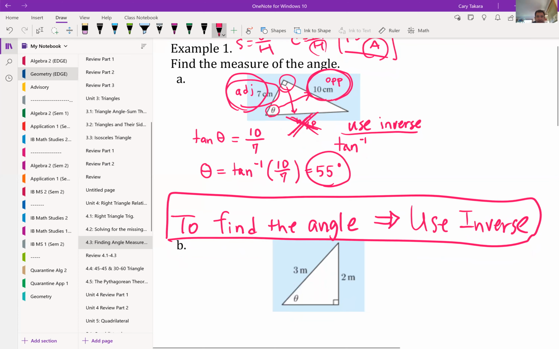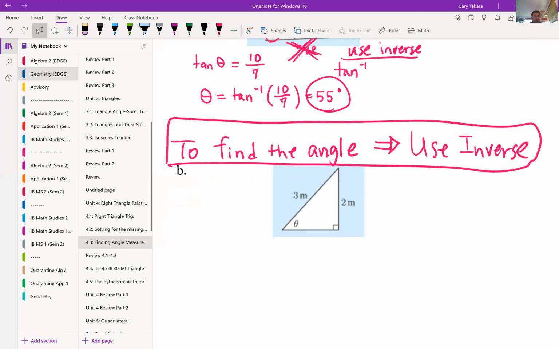So let's try B. I want you to share your answer in the chat. What is theta going to be for this question?